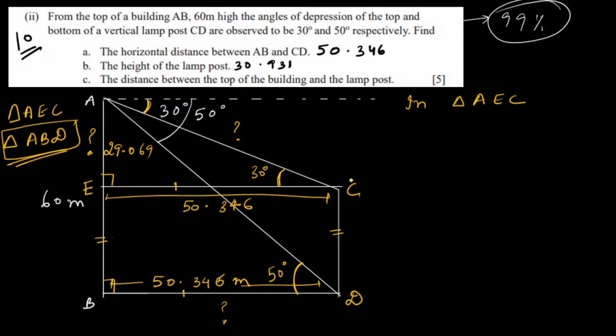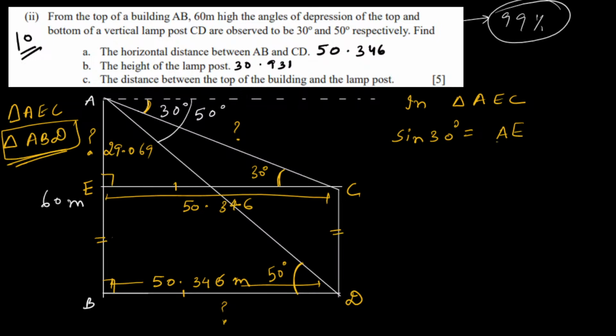Because calculations are very lengthy, in big decimals we are getting, although I don't think in the board exam it will be like this. So we can use sine theta. Sine 30 is equal to AE over AC. Although if you use Pythagoras theorem it is correct, it will be too time consuming. So avoid it and use trigonometric ratios.